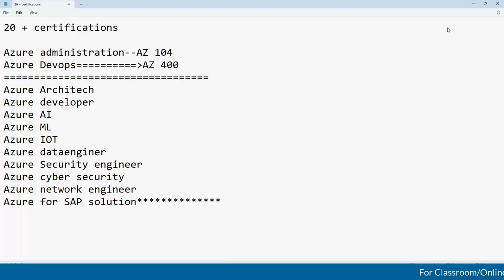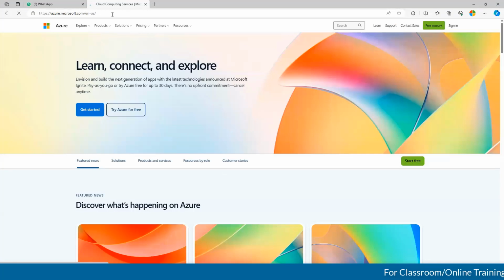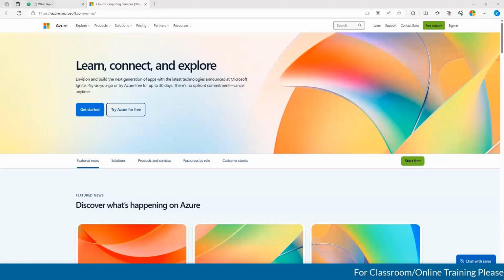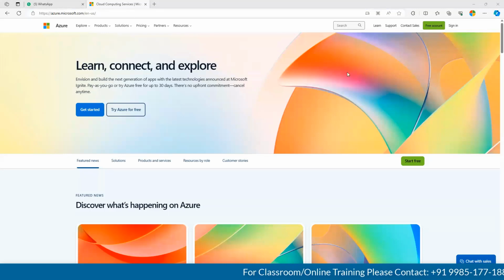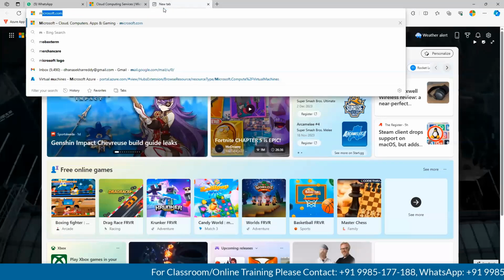If you need more information about Azure, this is the official site, azure.microsoft.com, provided by Microsoft. Now go ahead and use it. If you have any questions, feel free to ask me. This official site contains the total Microsoft Azure product documentation. If you need more information about certification, just go to Microsoft.com.